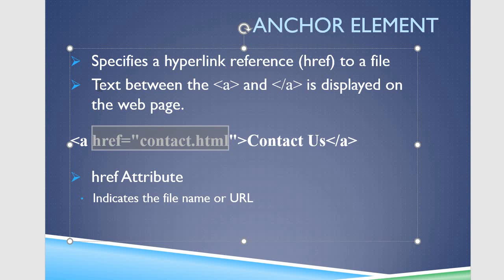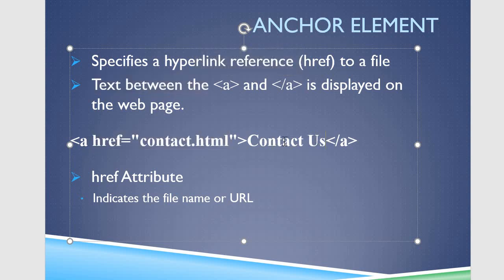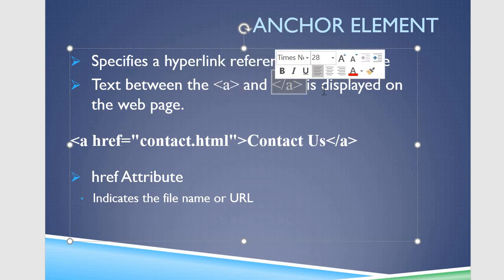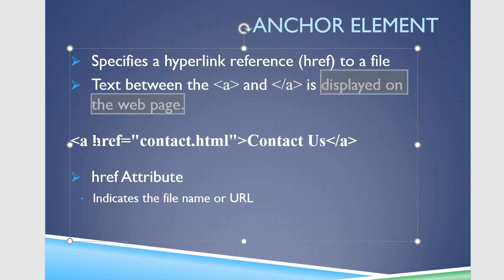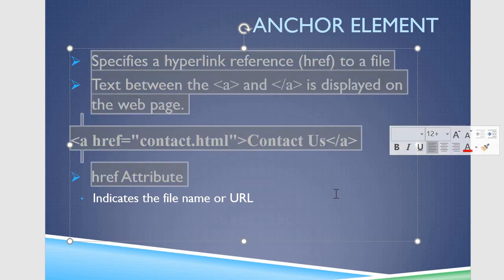Second, the text between: see the text here, Contact us. This is a text. The text between the opening anchor and closing anchor is displayed on the web page. So whichever text you mention between the opening anchor and closing anchor will be displayed on the web page. This is the use of the anchor element.